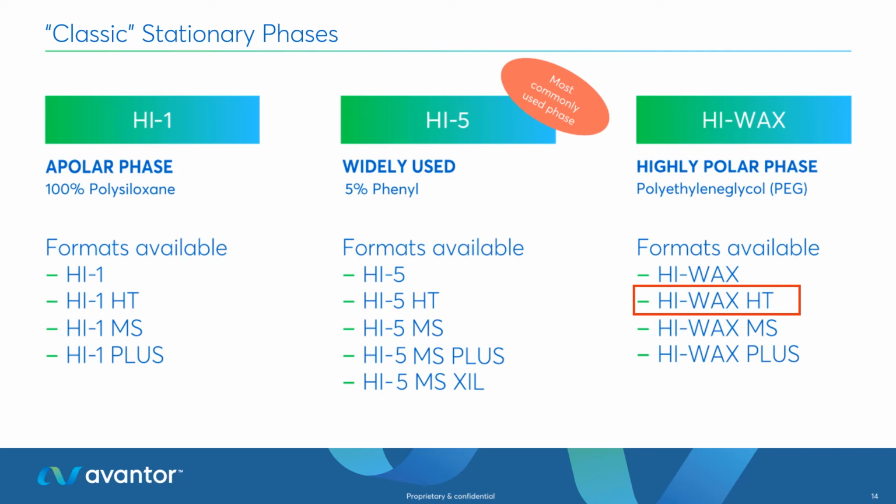Similar also for the 100% polysiloxane, the high 1 column, which is a very non-polar, apolar phase, and that has a variety of different formats. If we move to the more polar phases, they are typically based on polyethylene glycol, PEG, and again there are a variety of different phases available that would suit different applications, ranging from coupling to mass spectrometry to high temperature analysis.